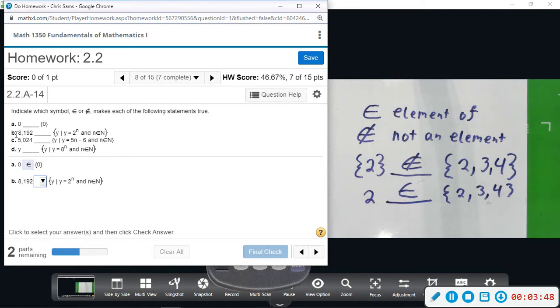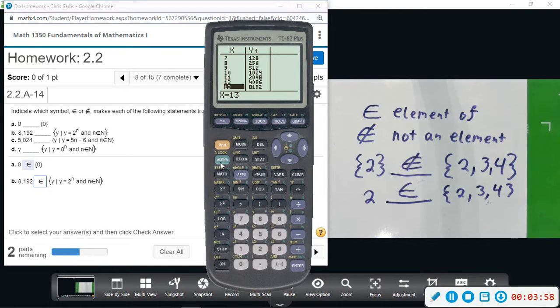So in this example B, this is an element of that set. It does follow the criteria. So just showing you, if I do 2 and then I raise it to the 13th power, okay, it follows this criteria of 2 raised to some power, and it equals that.